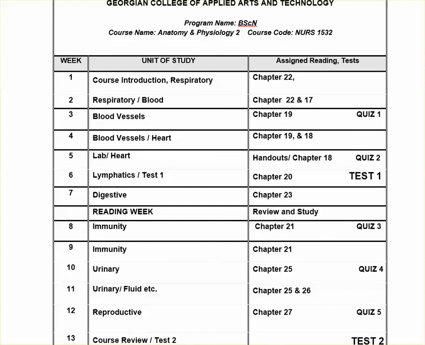I did a very short YouTube video on the ureters, the 3 layers of the ureters, peristalsis, urinary bladder, the trigone, the rugae, the detrusor muscle, urethra, and urination, micturition. How does that happen? So that's the urinary chapter.